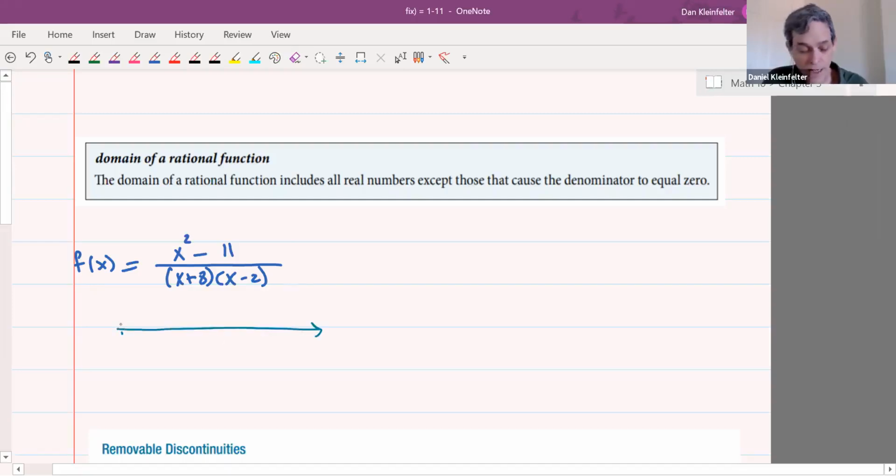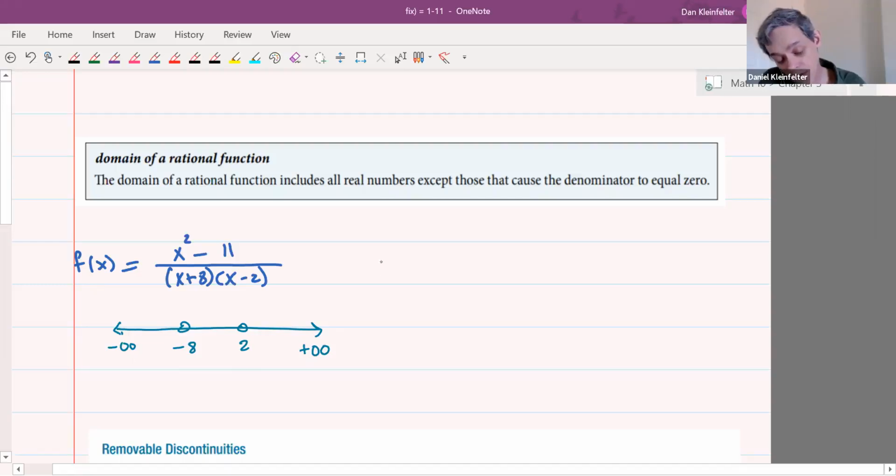If you like, to try to figure out the interval notation for this, the whole real number line runs from -infinity to infinity. That's the whole thing. This thing is going to have a hole in it right at -8, because we have to kick out -8 from the domain of f, and then also 2. 2 is not going to be in the domain of f. So what's left?